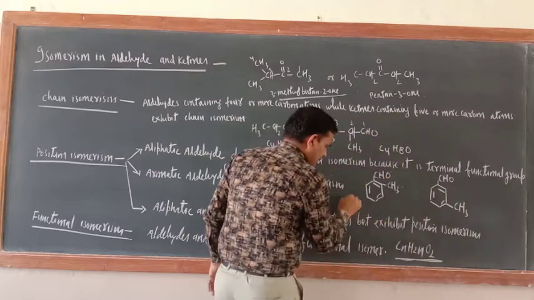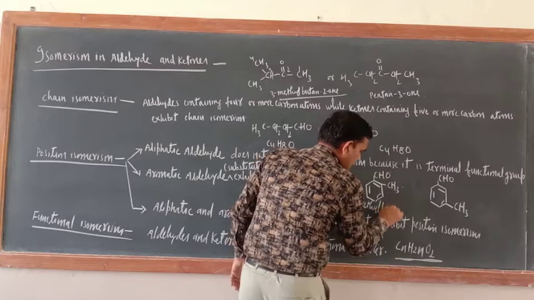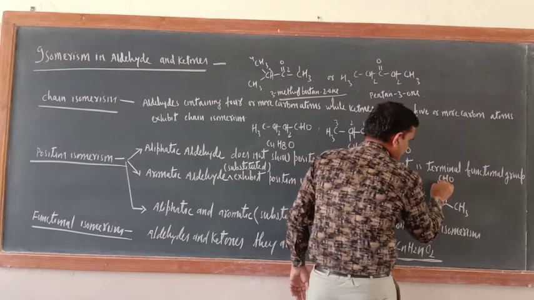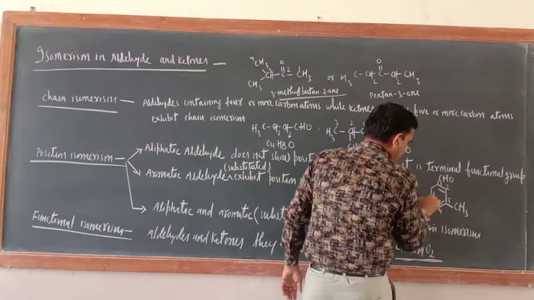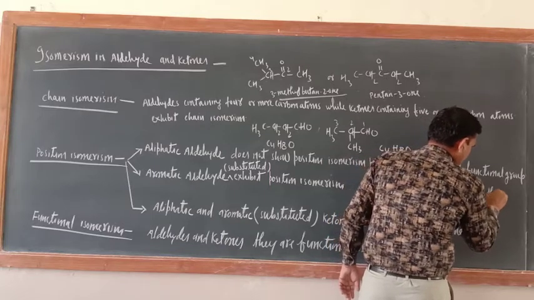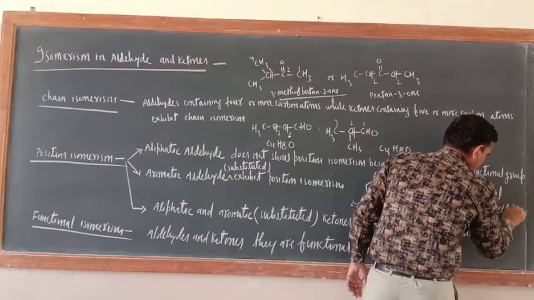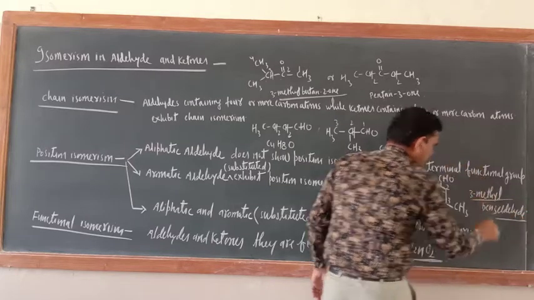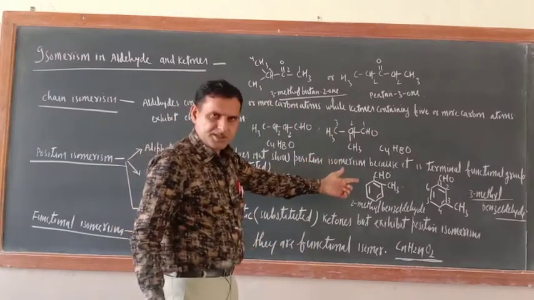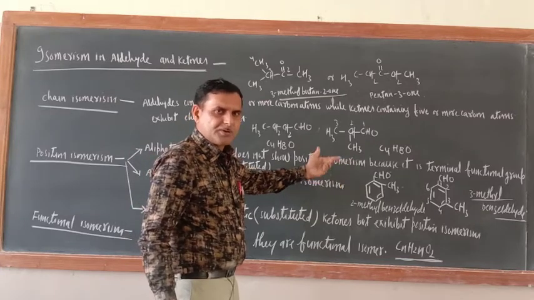So what is the name of this one? 1, 2, 3, 4, 5, 6. This is 3-methyl benzaldehyde. Just see, the position of the substituent is different, the molecular formula is the same, only the position of the substituent is different.